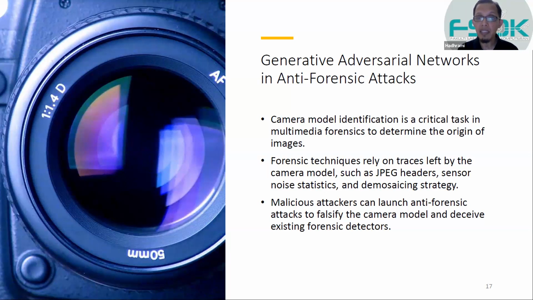These traces are used by multimedia forensics in order to determine the source of the image, including the camera and so on. So malicious attackers can implement generative adversarial networks to do anti-forensic attacks, meaning to falsify the efforts to identify the origin of the images in multimedia forensics.